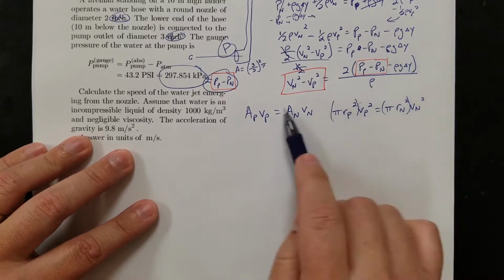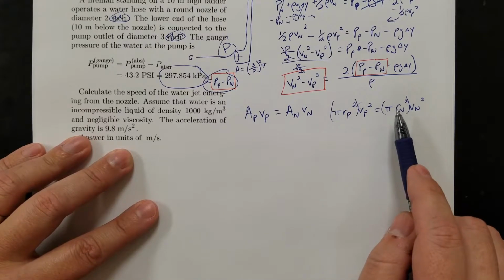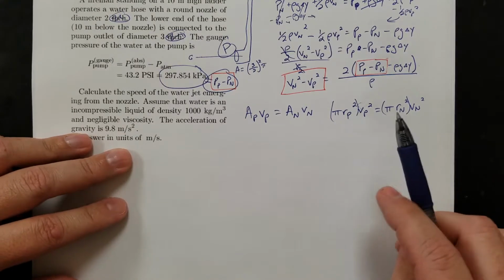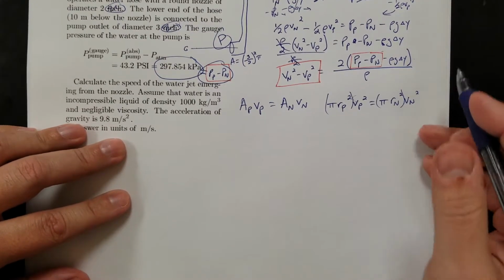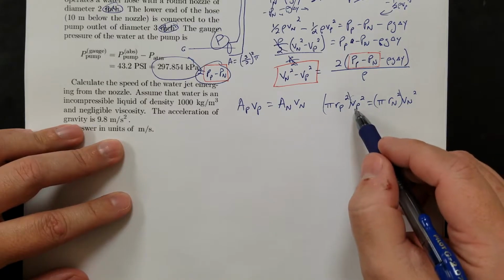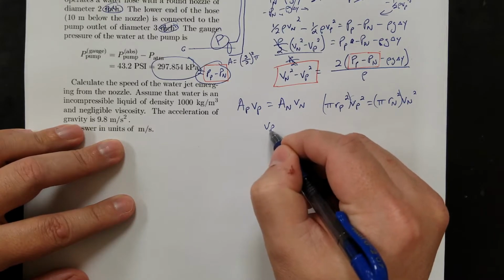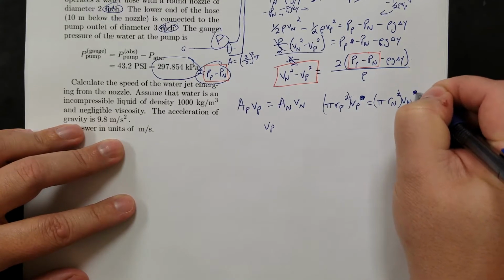So if I want to get Vn minus Vp, I need to subtract this Vp over. I can't subtract it. How can I do that? Okay, so I can get Vp over Vn. Let's do that. So I'm going to divide by the velocity of the pipe. Oh, why did I square that? It's not squared.